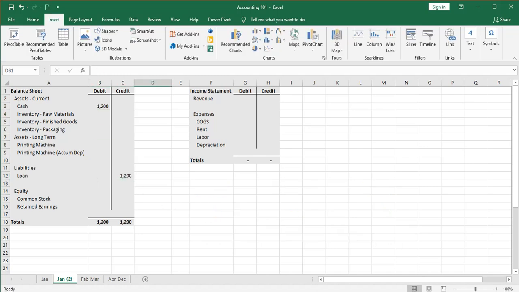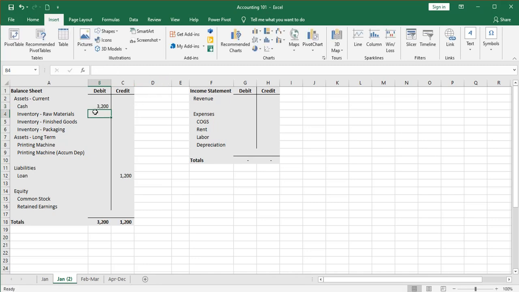The second transaction we talked about was raising additional capital through our own savings. The amount that we're going to put into this business out of our own savings account is $2,000. So I'm going to go ahead and increase this cash account with another debit for $2,000.